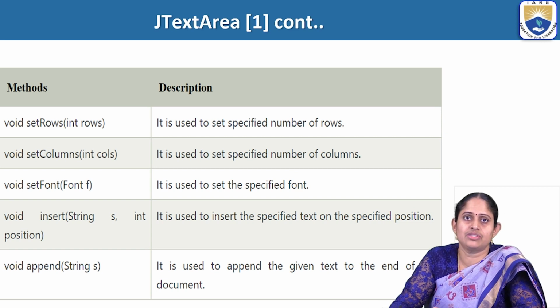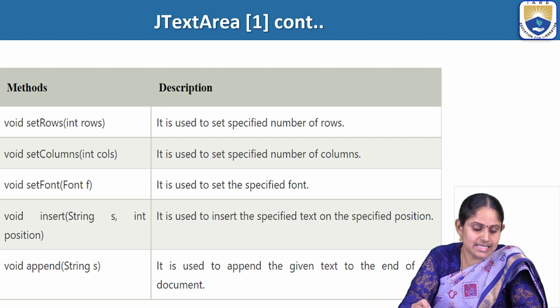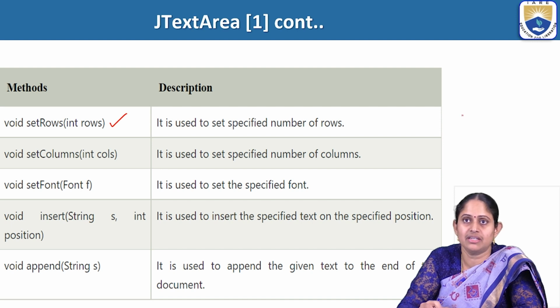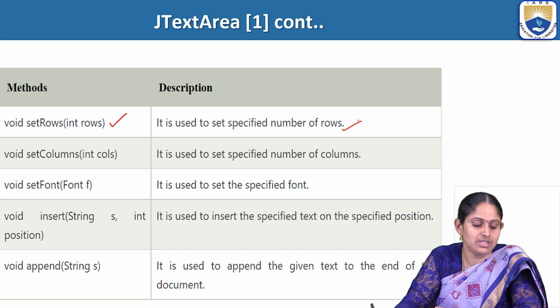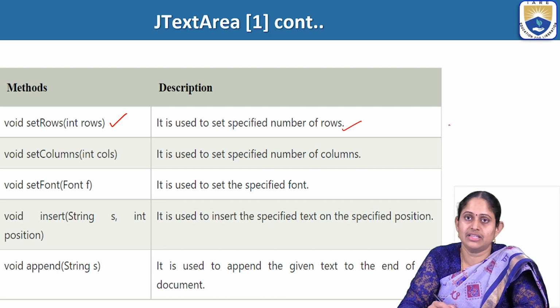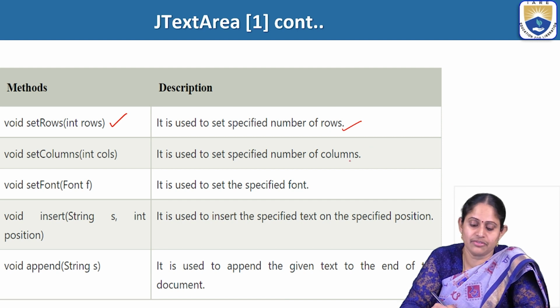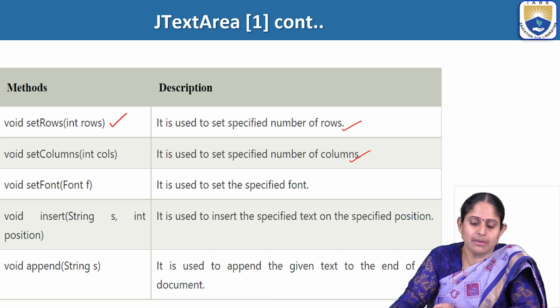These are the methods which are used with the JTextArea. SetRows, specified by an integer parameter, is used to set the specified number of rows. Void setColumns, again with an integer parameter, sets the specified number of columns.